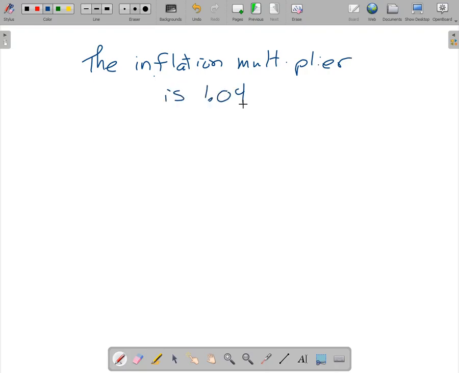Every year that goes by. So if 5 years went by, how many times would I multiply by 1.04? 5 times. Okay. So only 2 years went by. So if 2 years go by, I take whatever the old amount was, and I multiply it by 1.04, and I multiply again by 1.04.